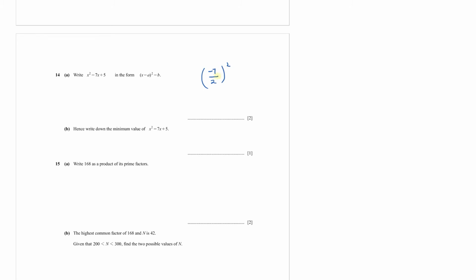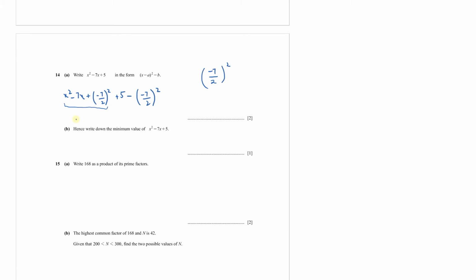So you add and subtract this value. So x square minus 7x, plus minus 7 by 2 whole square, and then you can add plus 5, and then you can subtract this value, which is minus 7 by 2 whole square. Now this is basically an expansion of a minus b whole square.